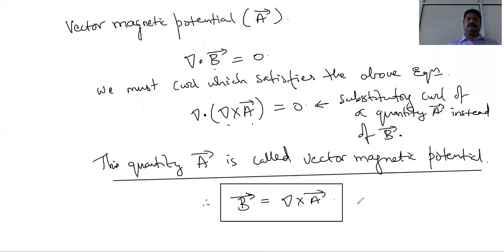That is called vector magnetic potential. So there is no explicit direct definition of how we arrive at A. Instead, we have an indirect definition which says that whenever you apply curl to vector magnetic potential, you get magnetic flux density B.